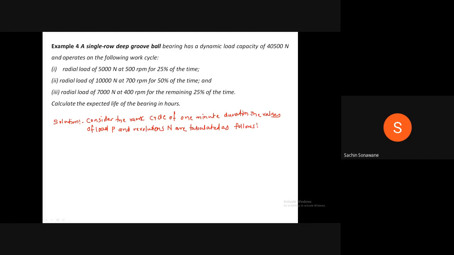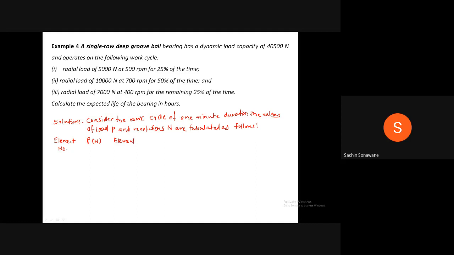Therefore, first is element number. Second, force P in Newton. Third, element time in minute.